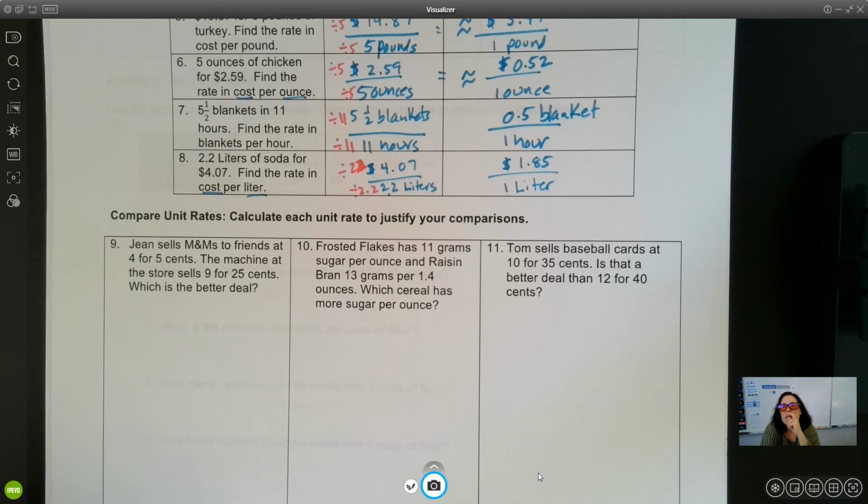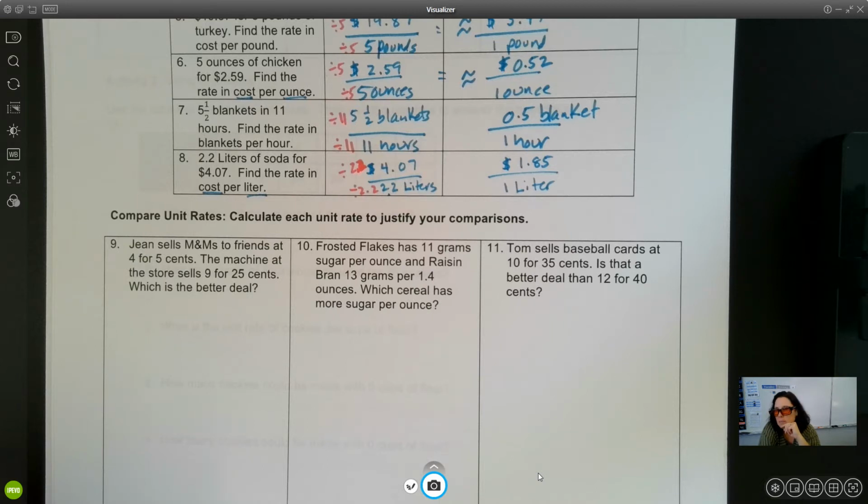If we want 1 M&M on the bottom, isn't the better deal for 1 M&M the smaller amount of the price, the less money? If you set it up the other way, M&Ms over money, and we get $1 on the bottom, aren't we looking for the greater amount of M&Ms for $1?